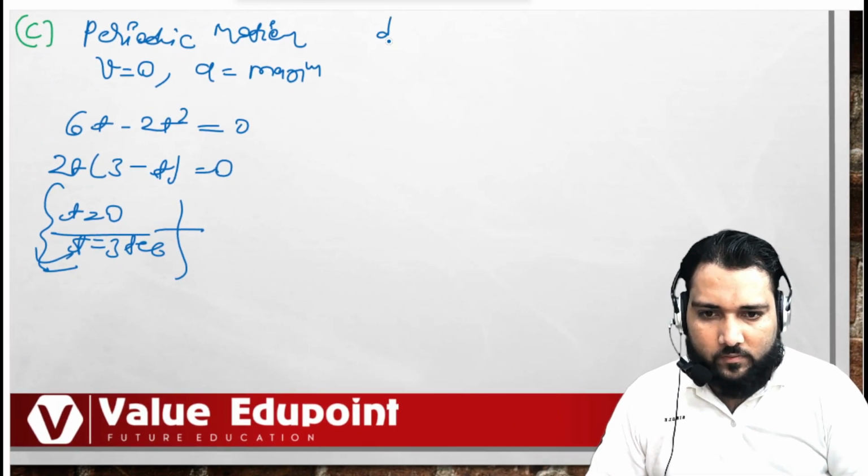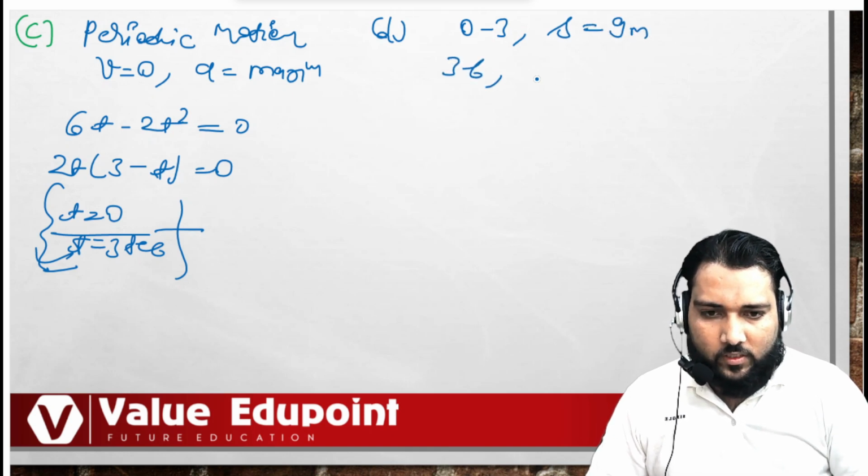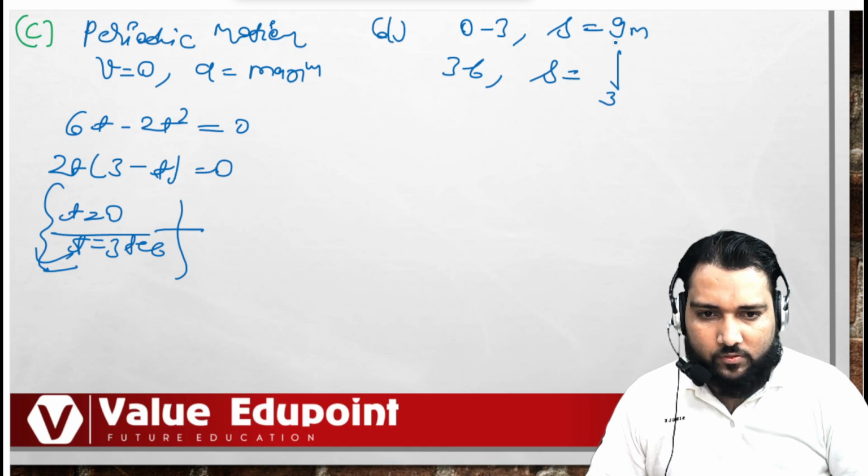We have already calculated the distance from 0 to 3 seconds, that is 9 meters. But for 3 to 6 seconds, another expression is given, so we have to calculate it. Again we will take the integration, now from 3 to 6.